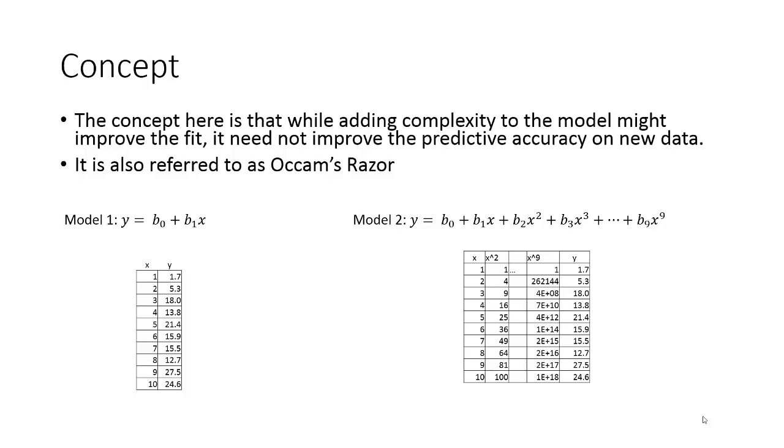For instance, one way of adding complexity to a simple problem where you have one input variable and one output variable is by saying, I'm not only interested in looking at it through the standard input variable, but I would like to look at it as a polynomial. X is the input variable, but you can also take x square, x cube, and so on. So you can have a more complicated fit between y and x.